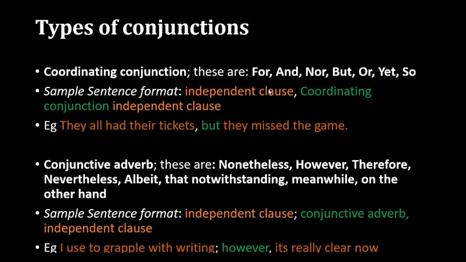Independent clause, comma, coordinating conjunction, then the next independent clause follows. Let's take a look at an example: "They all had their tickets, but they missed the game." So this is an independent clause being joined to another independent clause by a coordinating conjunction.